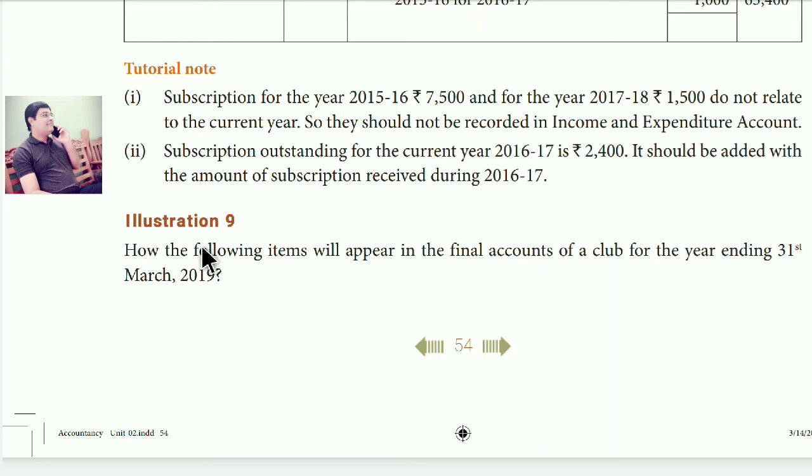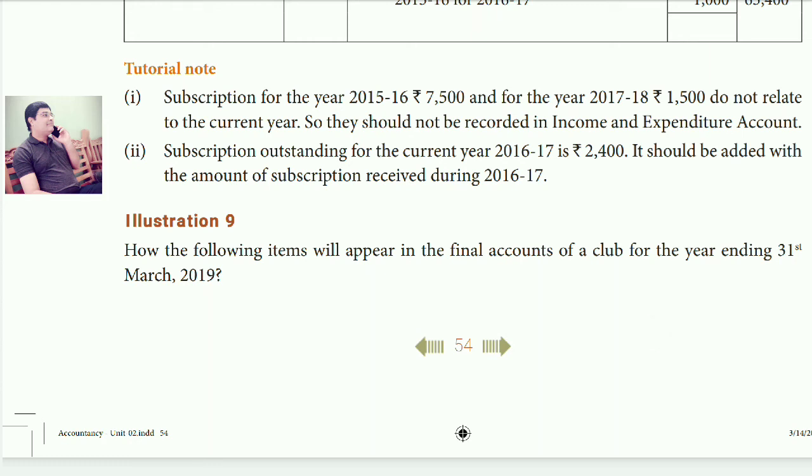Now see illustration 9, page number 54. From the following items, show what will appear in the final account of a club for the year ending 31st March 2019.